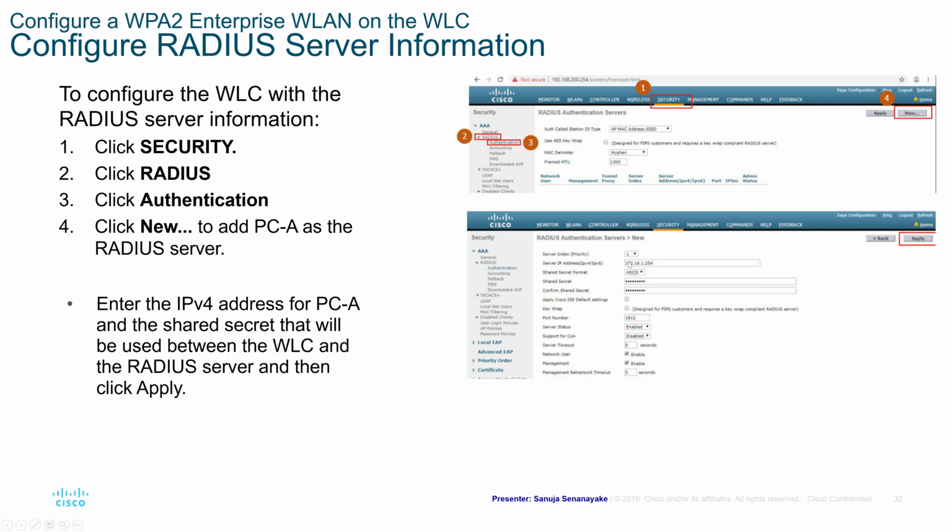So you have the server IP address, which is the PCA in our diagram in this example, and we're going to enter the shared key information, and then we're going to leave the port numbers and other information at default, and we're going to apply the configuration.